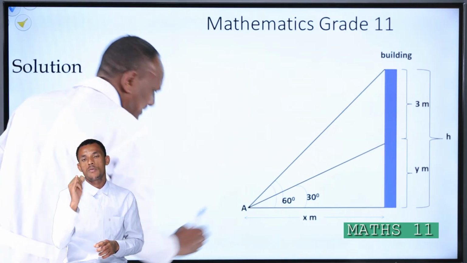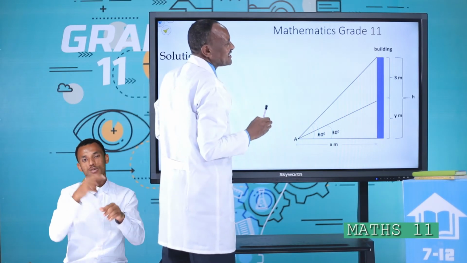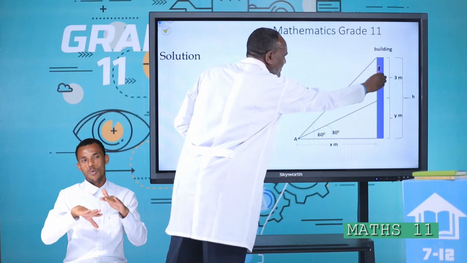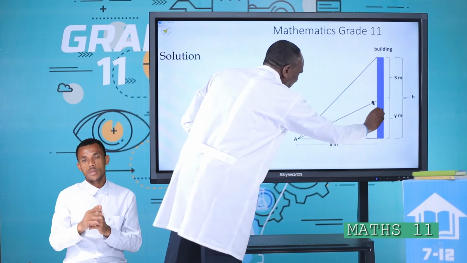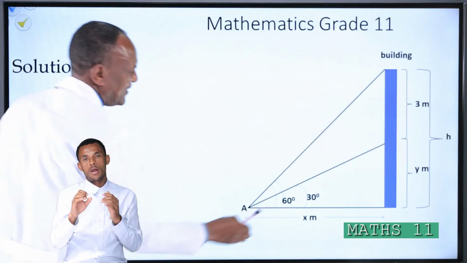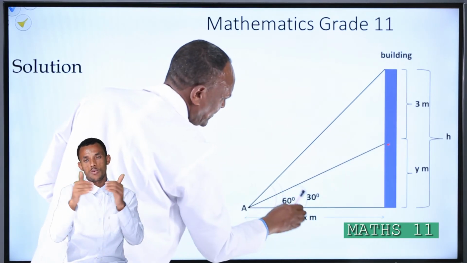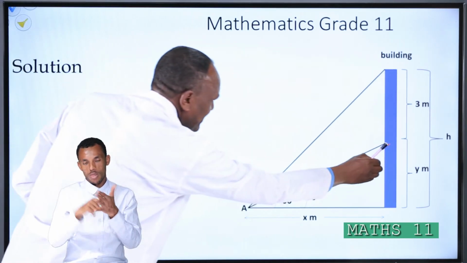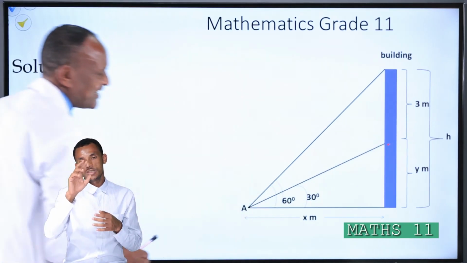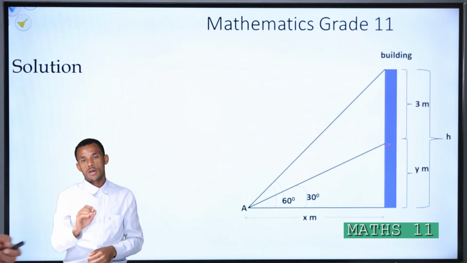If the same person was looking at the building at a distance of 3 meters below, that means this is the top and he is coming downward. So he is looking somewhere here, he has a ray in this direction. The angle formed from the horizontal to this particular point will be equal to 30 degrees. So we have two angles: to the new point, the angle of elevation is 30 degrees, and to the top of the building, it is 60 degrees.